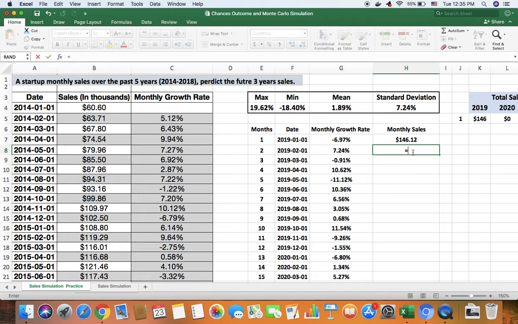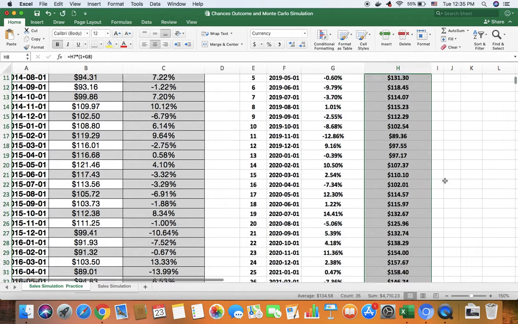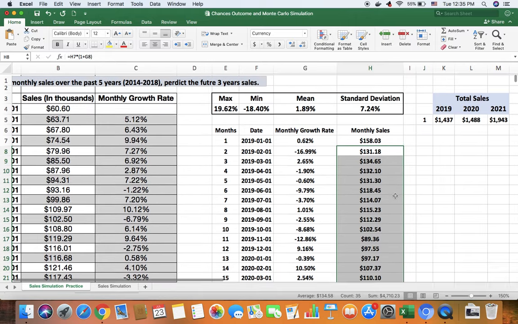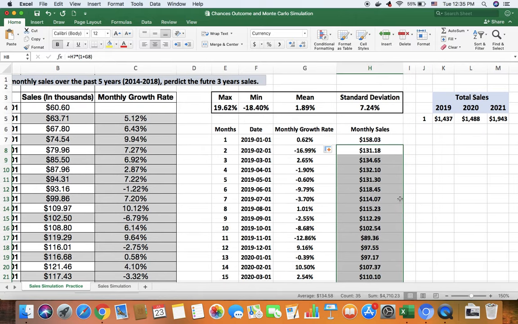And the second month is the previous month's sales times 1 plus this month's growth rate, return. After having the second month's sales, we just double click. We got all the 36 months of sales. This is the predictive value.